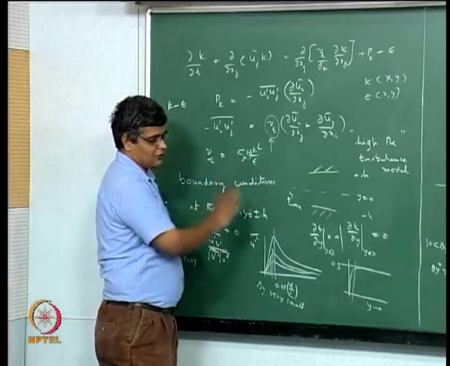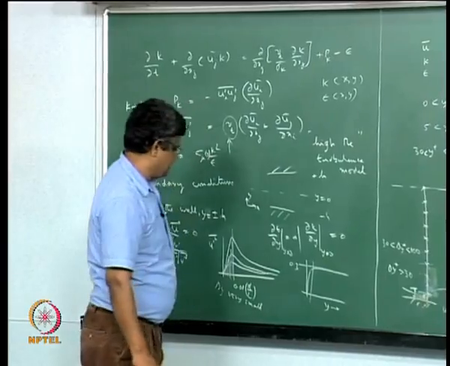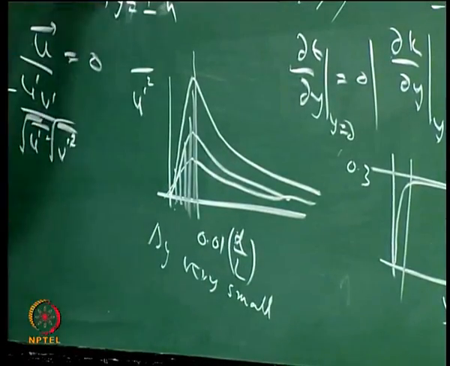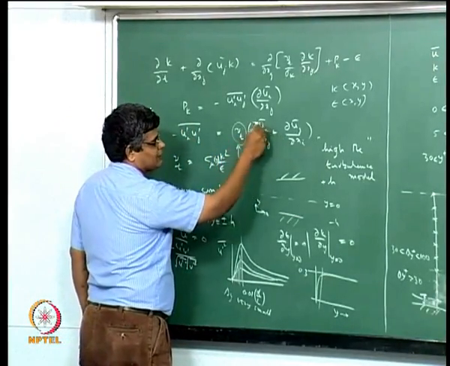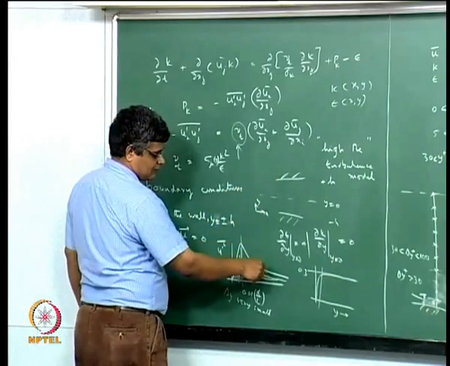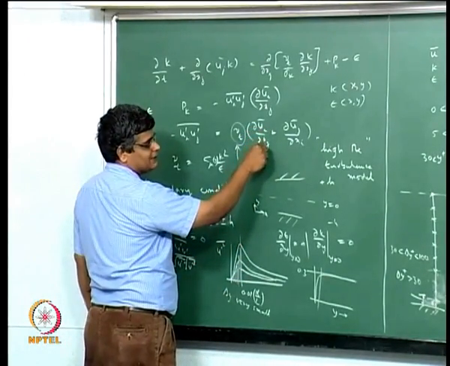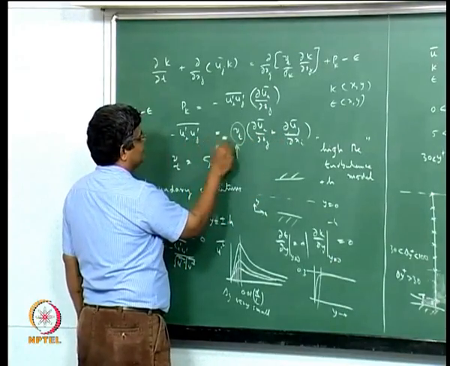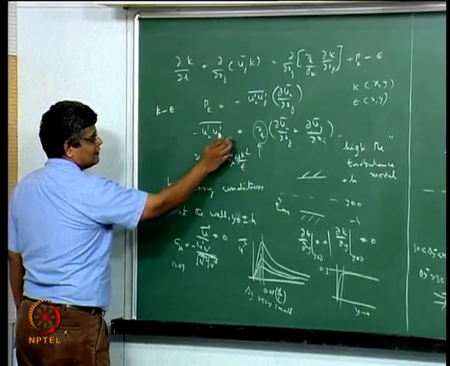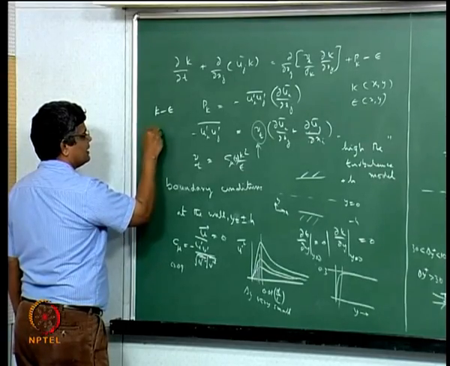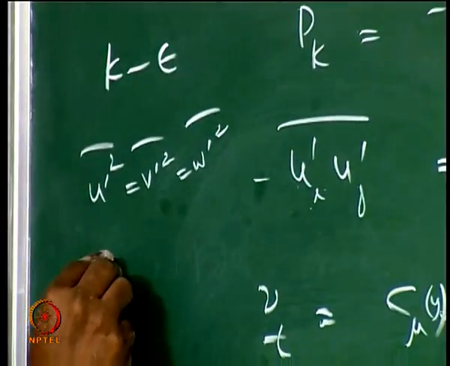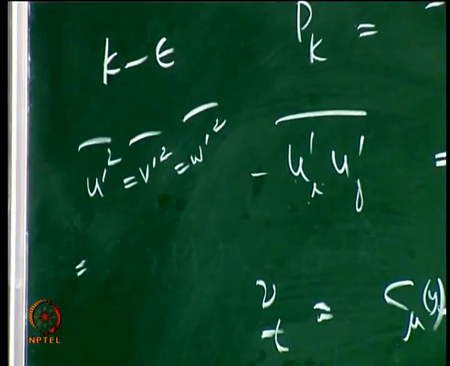And then this model is also unable to represent the different levels of u prime square, v prime square and w prime square at the wall, because once we know nu t here and once we know these velocities, one can calculate the different stresses here, and for this kind of plane flow in which only du by dy is present, we find that the turbulent stresses are considered to be the same, and one would say that u prime square is equal to v prime square is equal to w prime square is equal to two-thirds of k.